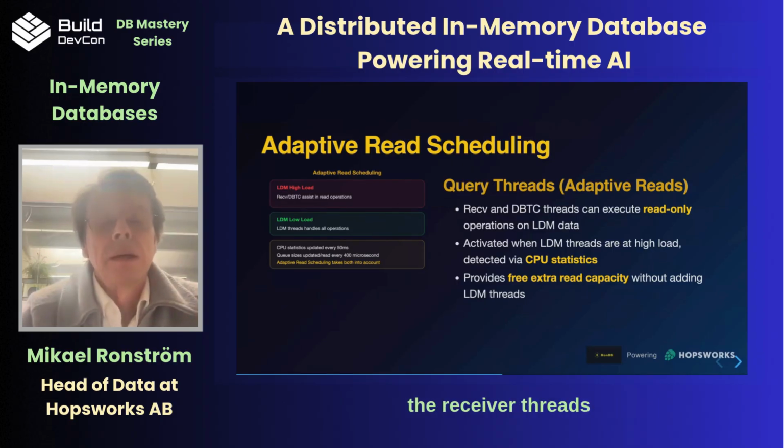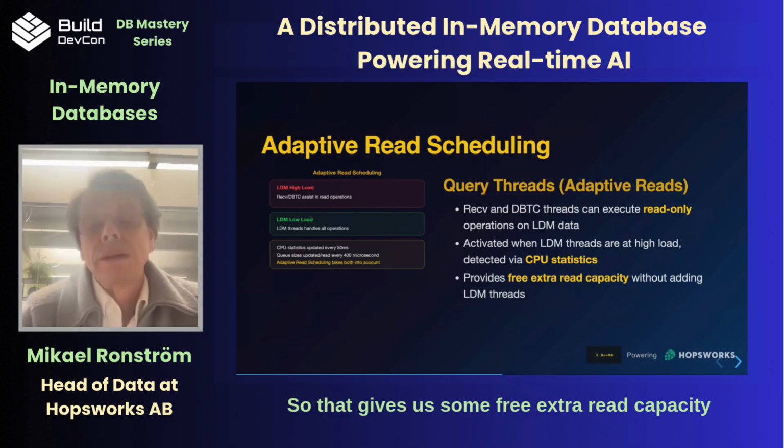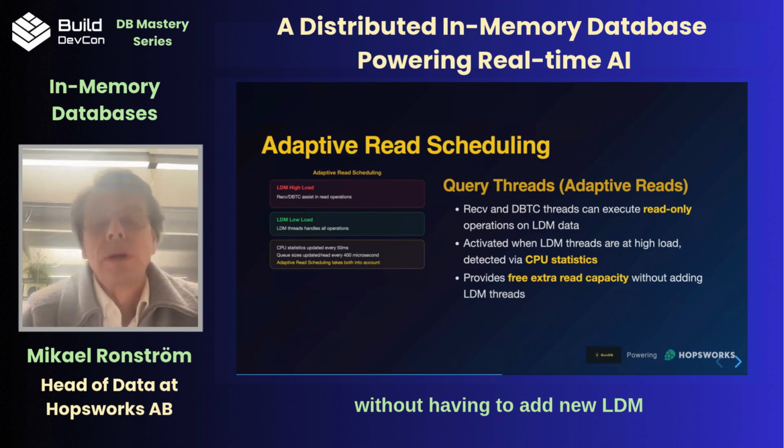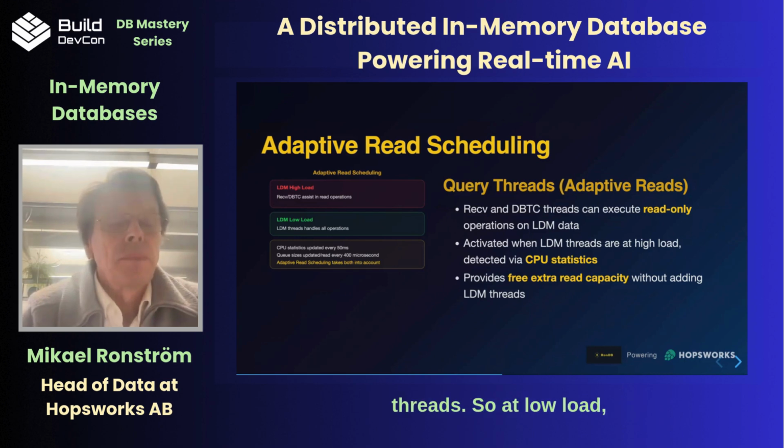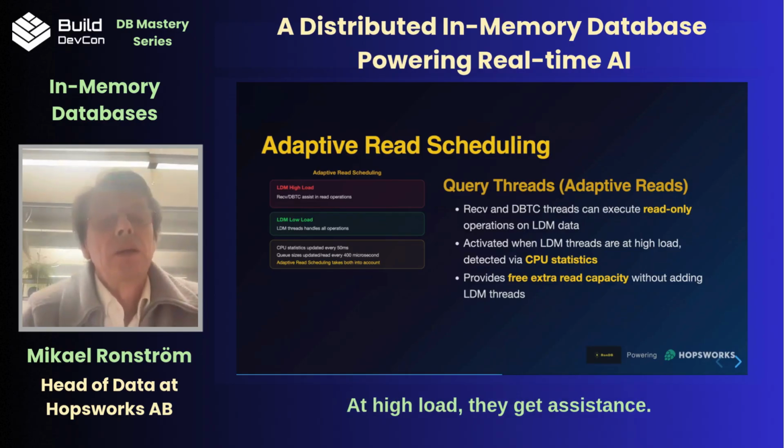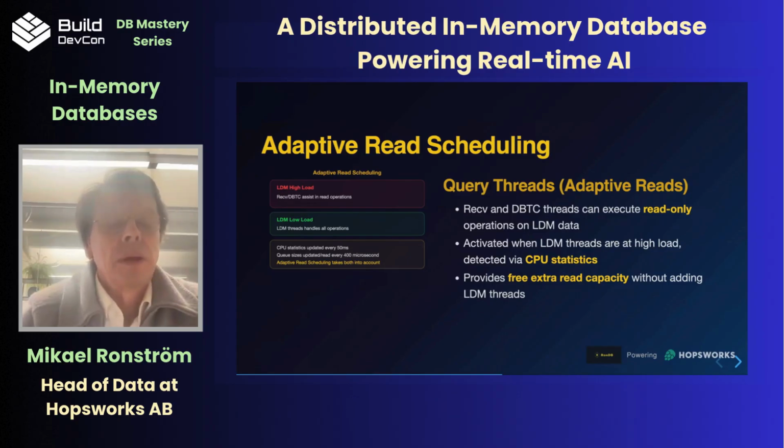So the receiver threads and the TC threads can help the LDM threads with reading. That gives us some free extra read capacity without having to add new LDM threads. So at low load, LDM threads handle all operations. At high load, they get assistance.